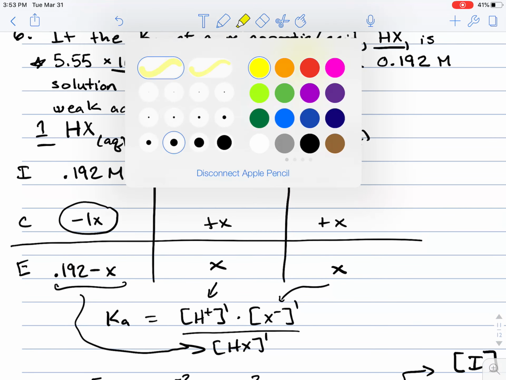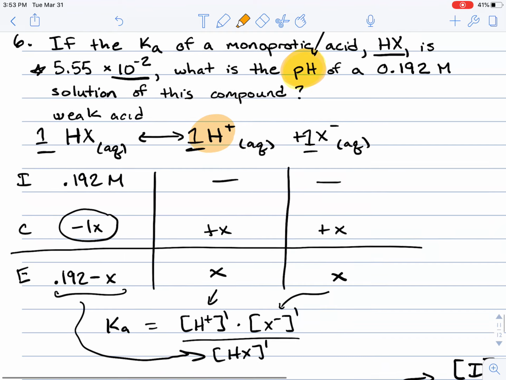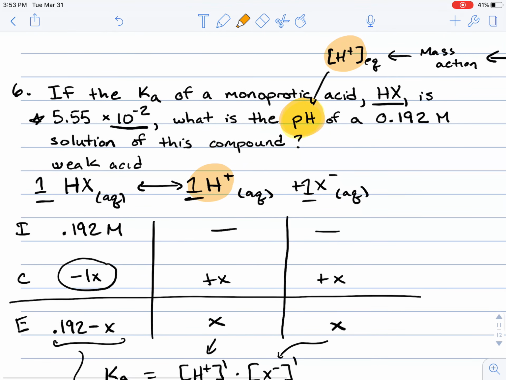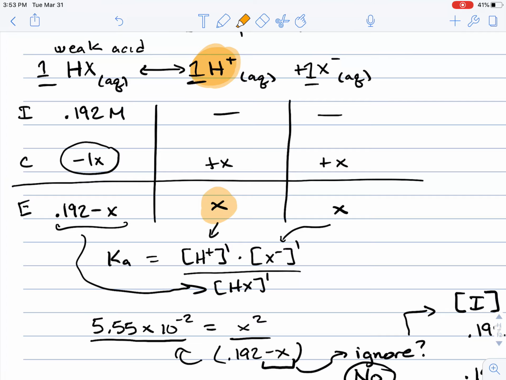Once again, we want to work smart. We want to figure out what the pH of this solution is. And so we can calculate the pH of the solution by determining the equilibrium concentration of hydrogen ion. This is our hydrogen ion right here, and therefore its equilibrium concentration is just represented by x.